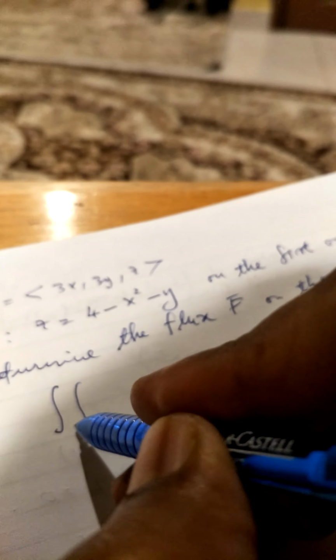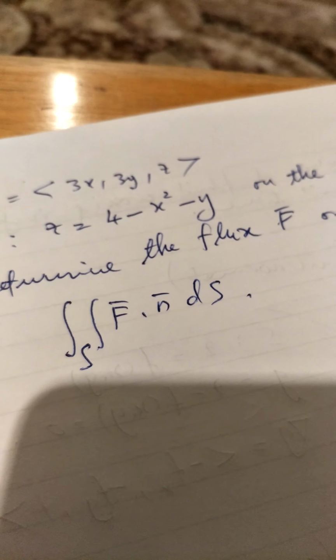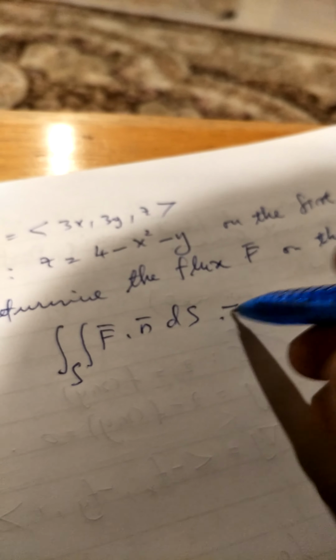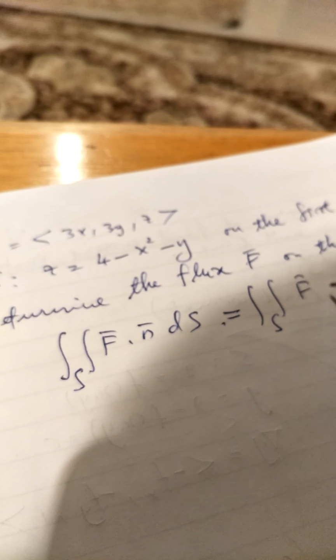So what we want to do is evaluate F dot n dS. As we have shown earlier, this is equal to the integral over S of F dot (negative f_x, negative f_y, 1) dx dy.